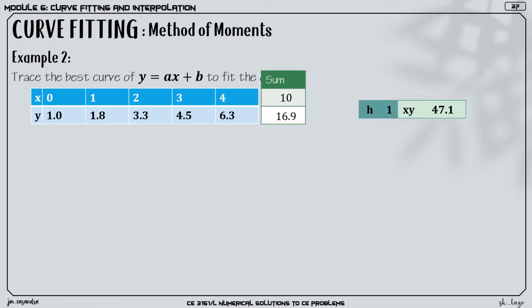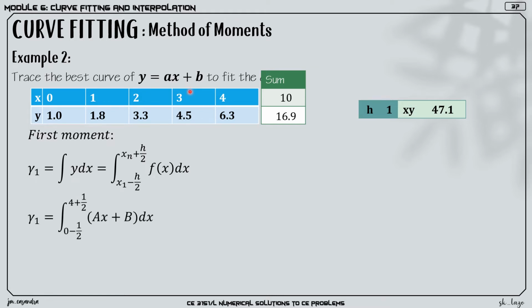Next, we move on to solving the value of our theoretical moments. For the first moment, that is the integral of y dx. We are given x sub n is 4, h over 2 is 1 over 2, and x sub 1 is 0. f of x is y equal to ax plus b. Substituting those values, we have the integral from 0 minus 1 half to 4 plus 1 half of ax plus b dx.